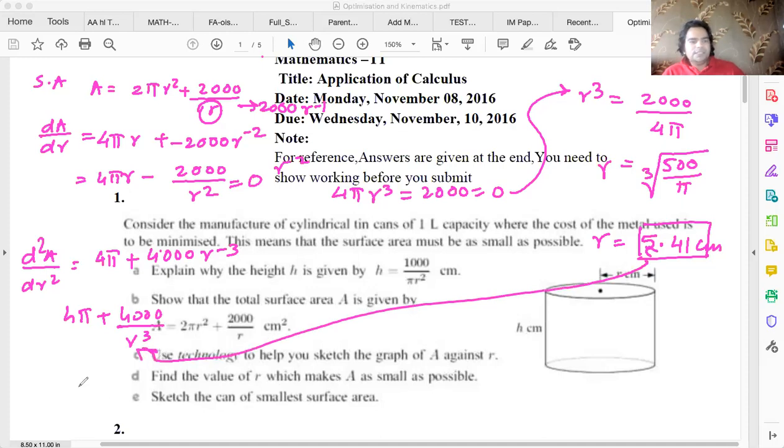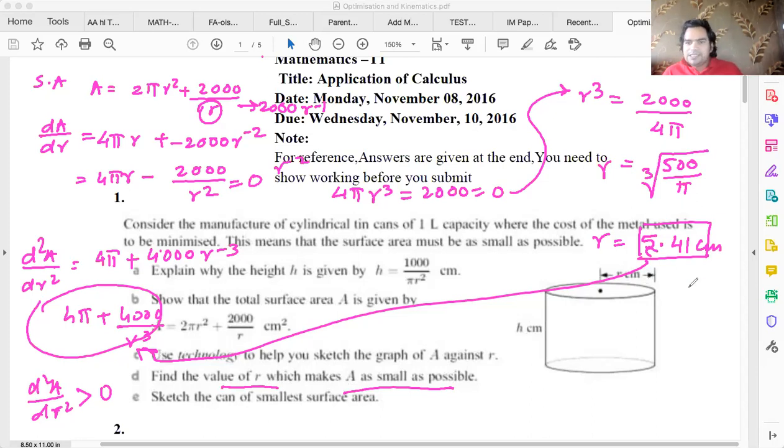So you can clearly see that this r value gives me double derivative as positive. If I plug in 5.41, it'll be a positive answer. Since double derivative is positive, what we're going to conclude is that this gives us a minimum surface area, as small as possible.